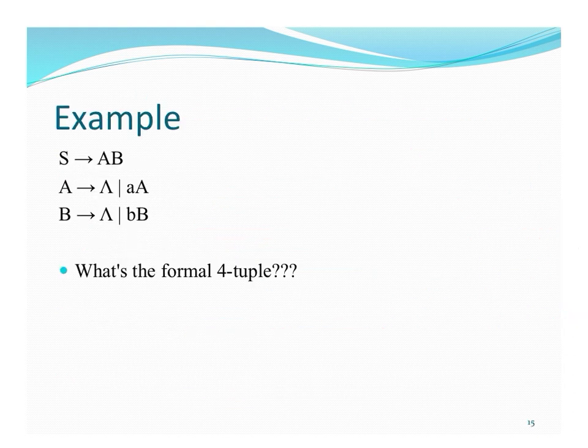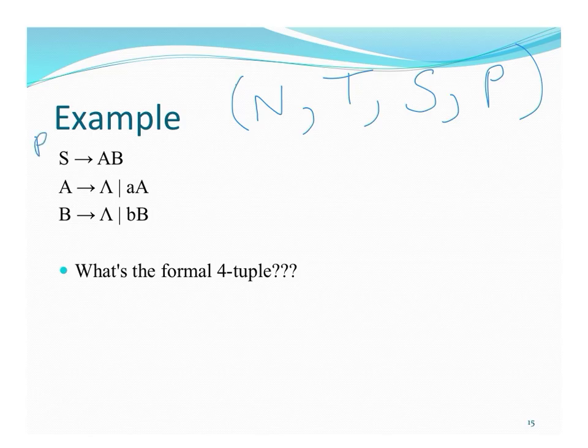So let's come up with a 4-tuple for this grammar. Remember that our 4-tuple consists of the set of non-terminals, the set of terminals, the start symbol, and the production rules. So for my production rules, I'm just going to write P is this thing right here. And let's do the 4-tuples. My non-terminals are the set of all symbols that appear on the left-hand side.